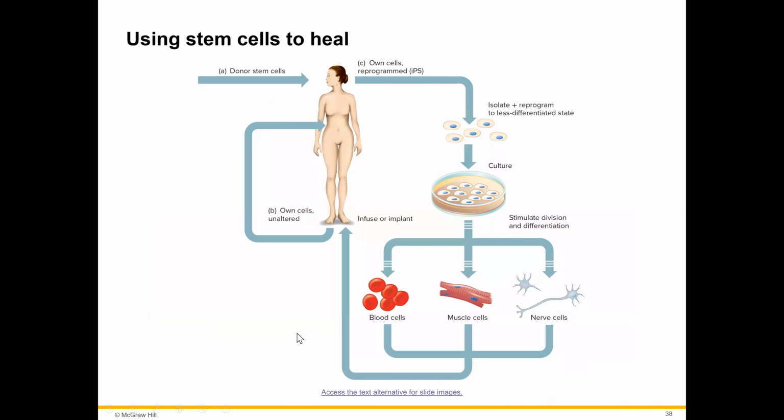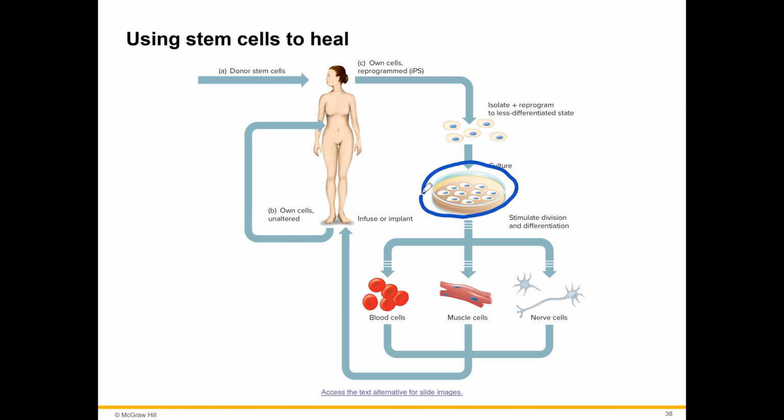All right, so here's how a stem cell can be used. For example, we have a person who needs stem cells for a treatment. We can use donor stem cells or iPS cells, your own stem cells that were reprogrammed. If it's your own, we can isolate them and reprogram them to a less differentiated state, so kind of turn the clock back to when those cells were not differentiated yet.